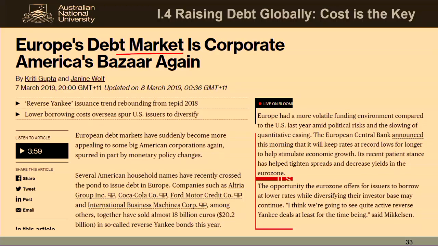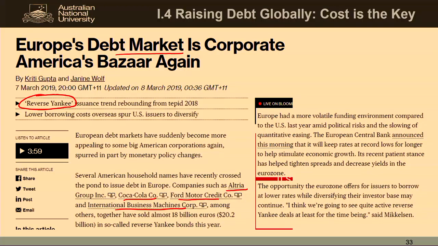A lot of American companies are going to Europe to issue US dollar Eurobonds, which we call reverse Yankee bonds. Most recently, big American companies such as Altria, Coca-Cola, Ford Motor, IBM are issuing more and more dollar-denominated bonds in Europe.